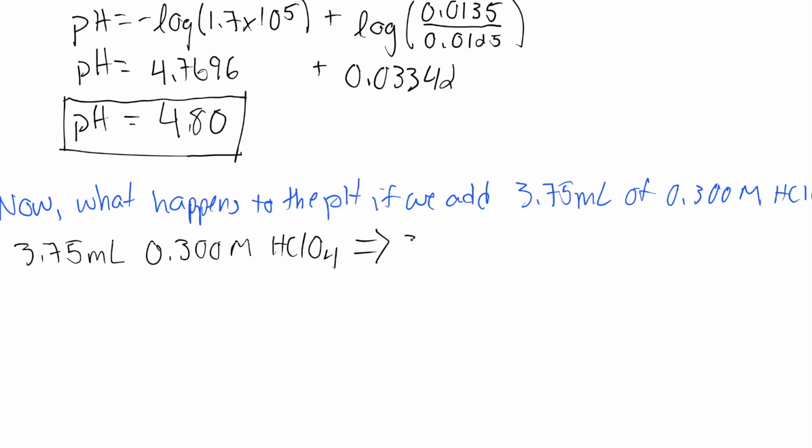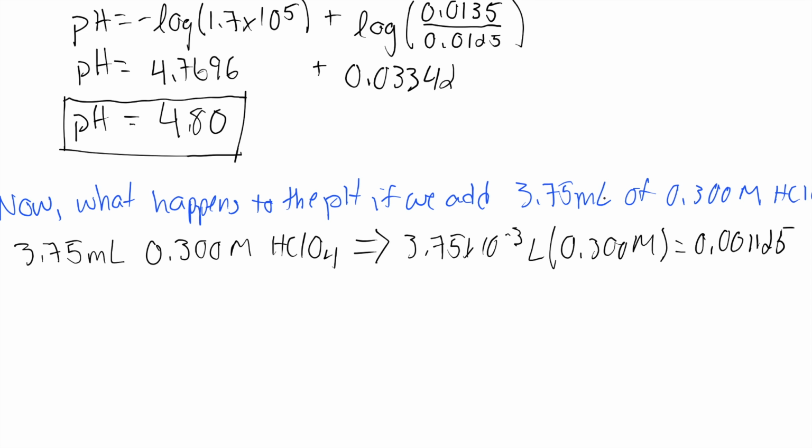So we can say that we have 3.75 times 10 to the negative 3 liters times 0.300 molar, and that gives us a value of 0.00125 moles of HClO4.